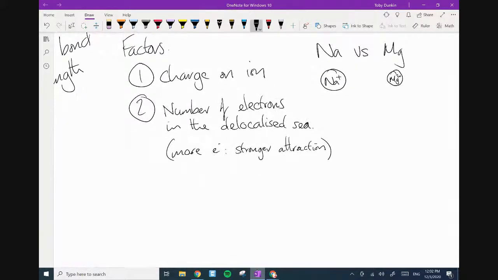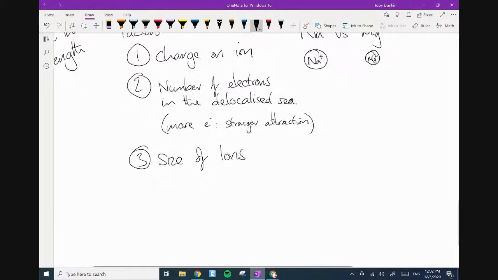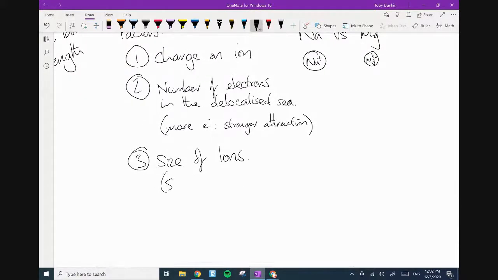And last but not least is the size of the ions. So it's nice to recall the smaller the ion, the stronger the bond, the higher charge density, which means a stronger electrostatic attraction. The smaller the ion, the stronger the attraction.